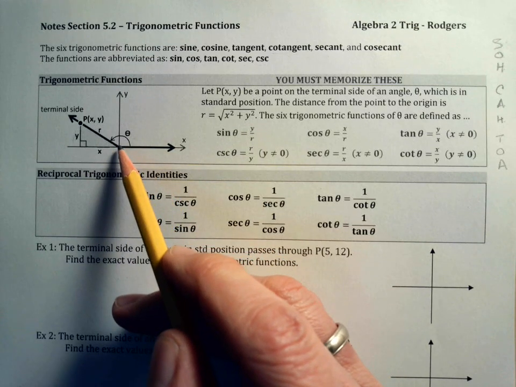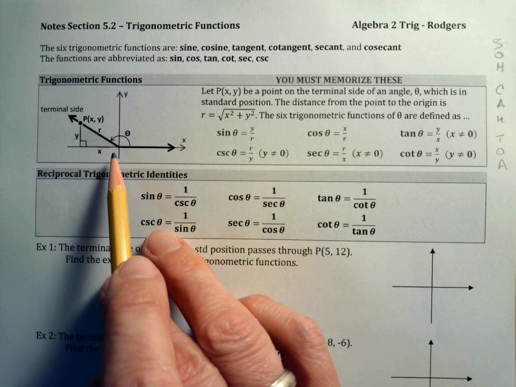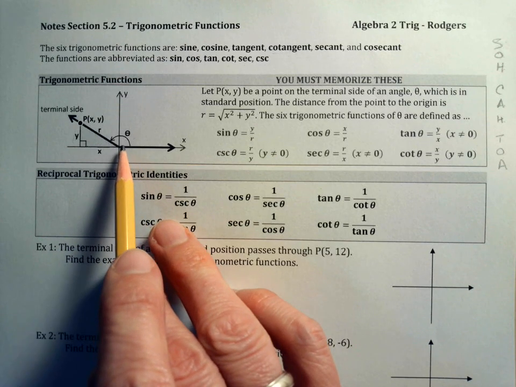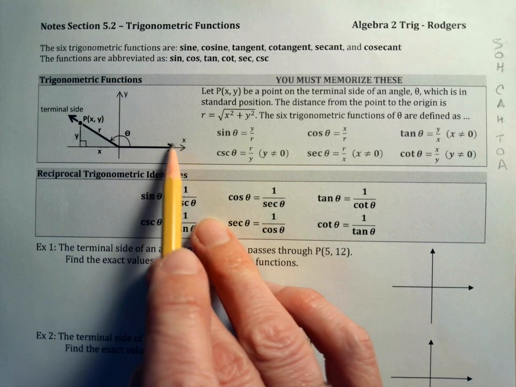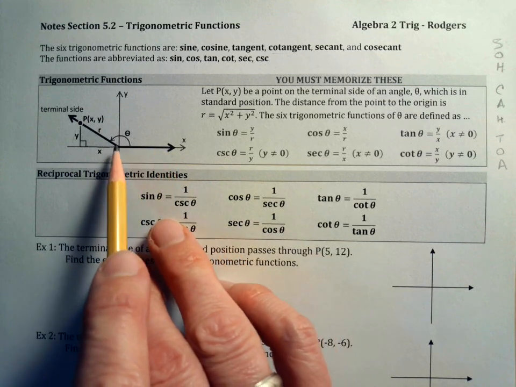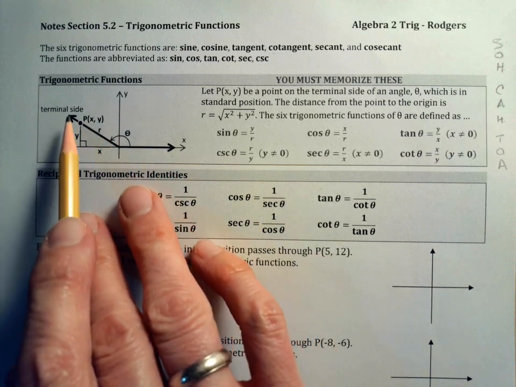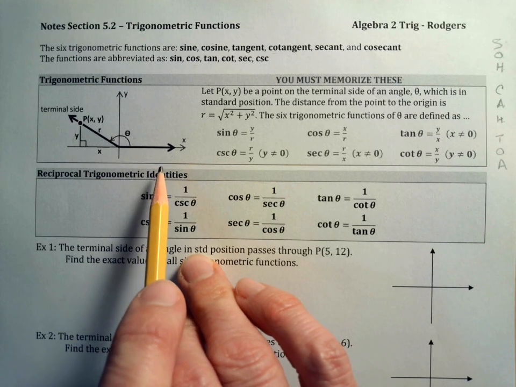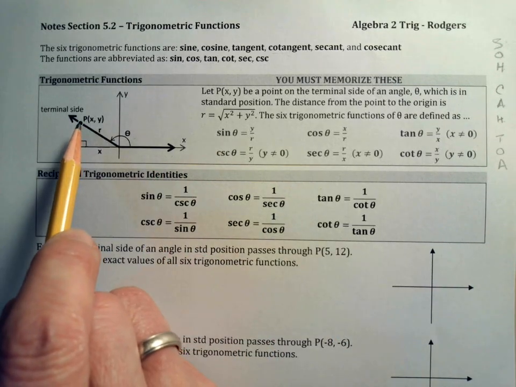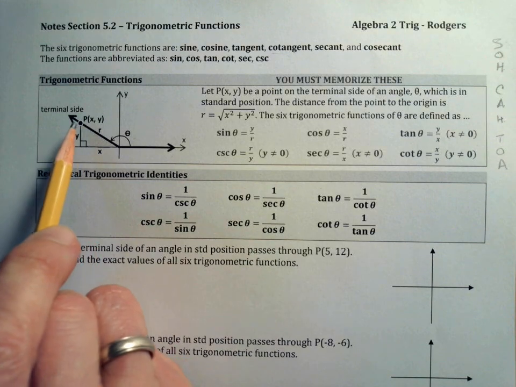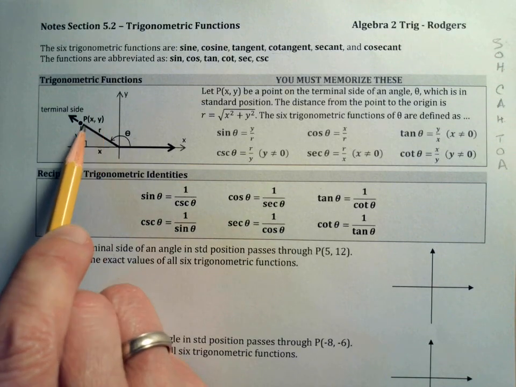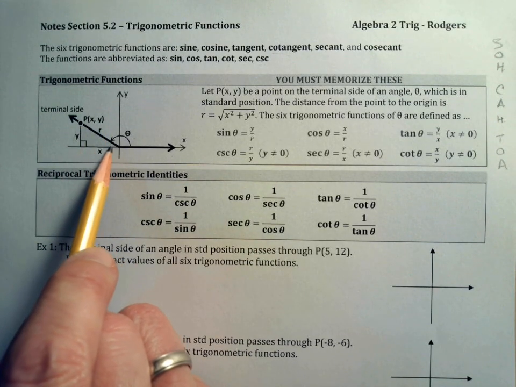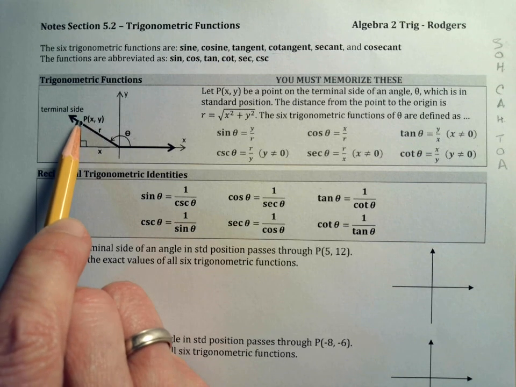We learned last unit that the initial side is always on the x-axis, and then the terminal side of the angle is somewhere else in the two-dimensional plane. The terminal side goes through some point x, y, x being the x-coordinate, so we can think about going over x and up y.